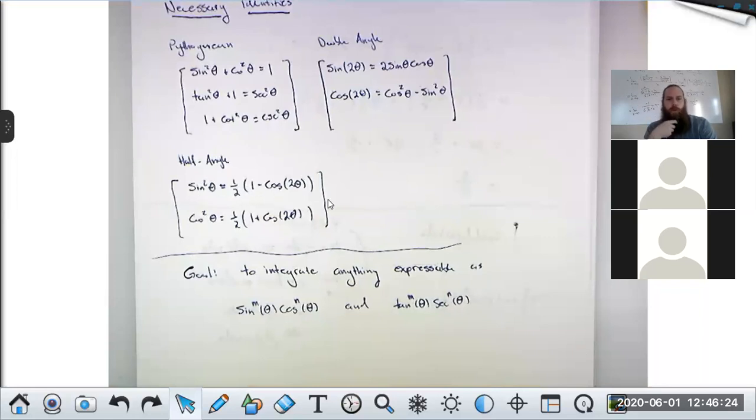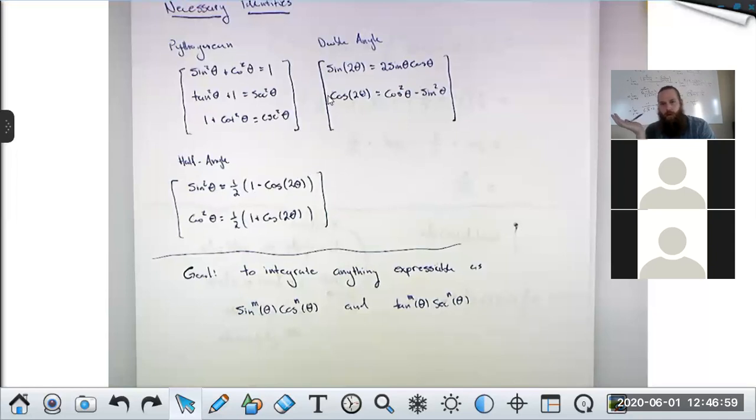The way I write these identities here is the way they're useful in the integral. We actually use them to take even powers of sine and even powers of cosine into lower powers of cosine. You could write sine squared of theta over 2 equals 1/2 times 1 minus cos theta, but instead I write it as theta over here and 2 theta over here. The other double angle formulas for cosine actually come from these half angles. There's no difference between a half angle identity and a double angle identity.